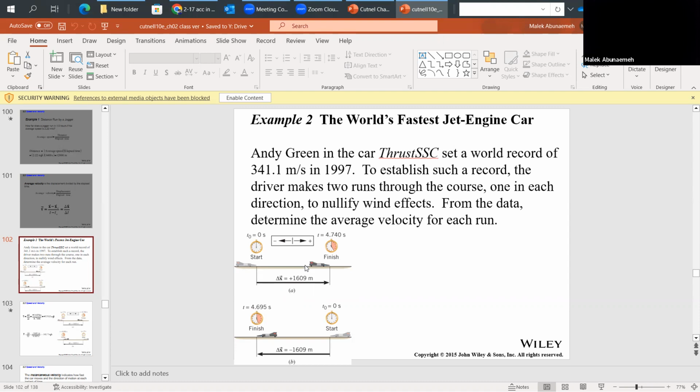To establish such a record, the driver makes 2 runs through the course, one in each direction, to nullify wind effects. From the data, determine the average velocity of each run. So on your first one, your time is 4.74 seconds, where the delta x is 1609.